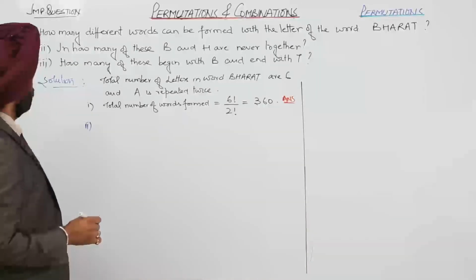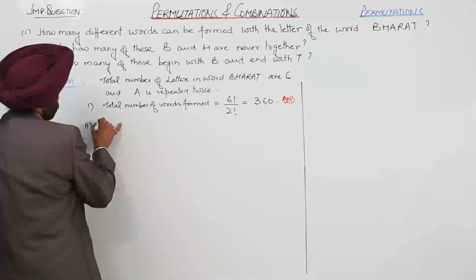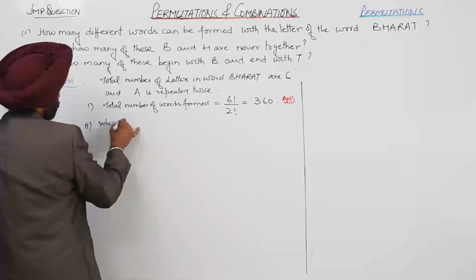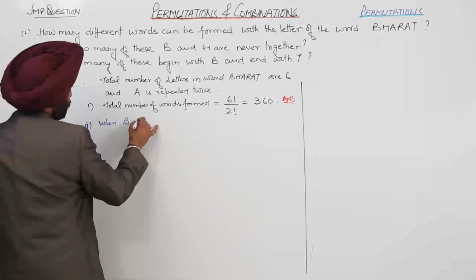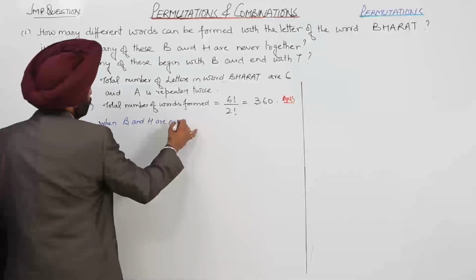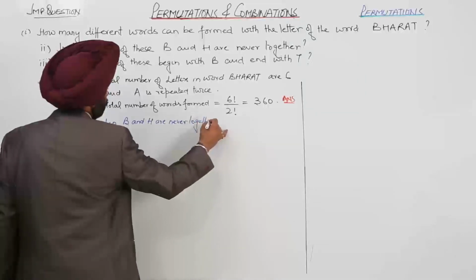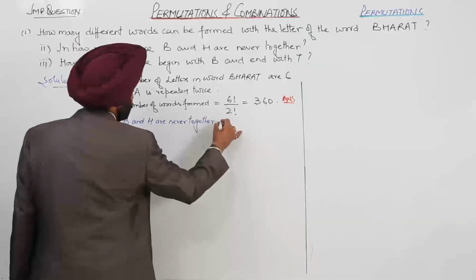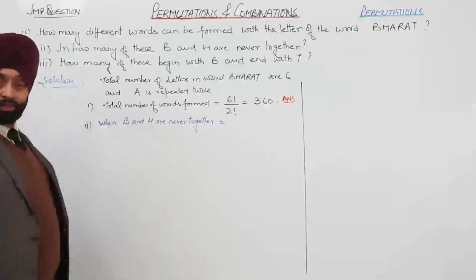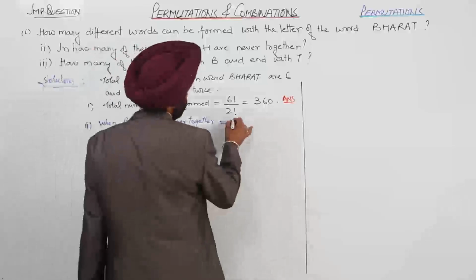Number 2 is given: how many of these have B and H never together. Now, when B and H are never together, what can we write?